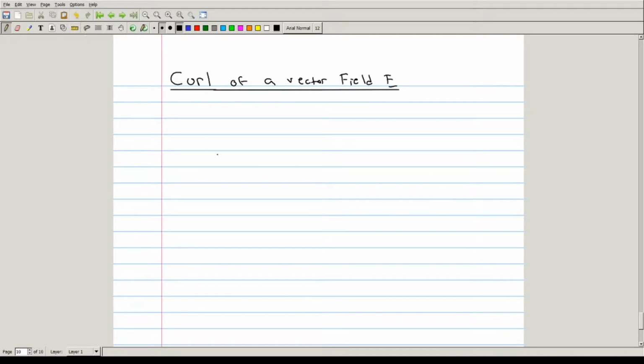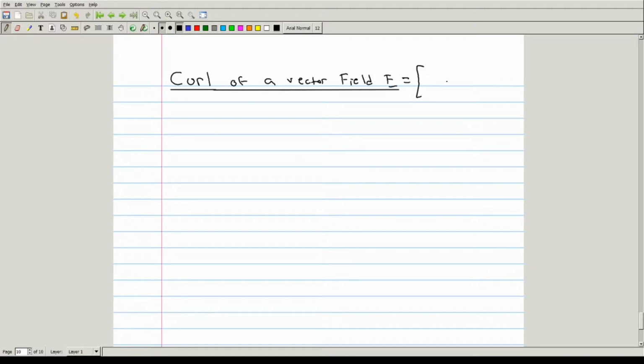And it should be no surprise that the divergence was introduced as a dot product. So now, the most natural thing to consider is the cross product of the del operator with the vector field f.